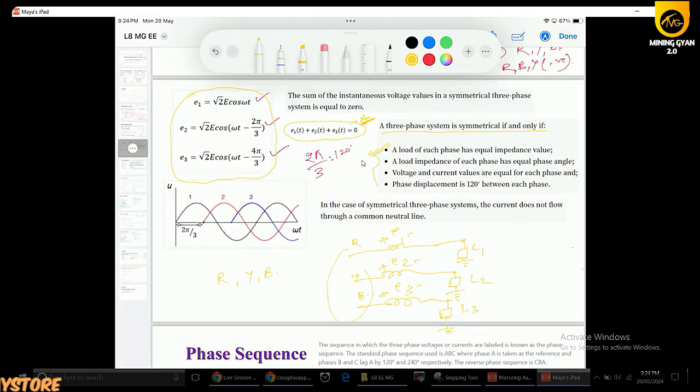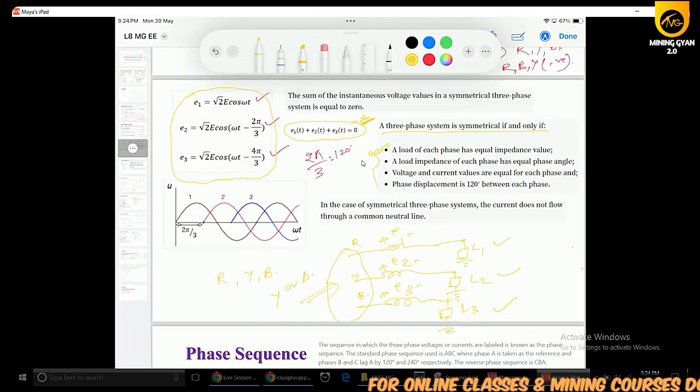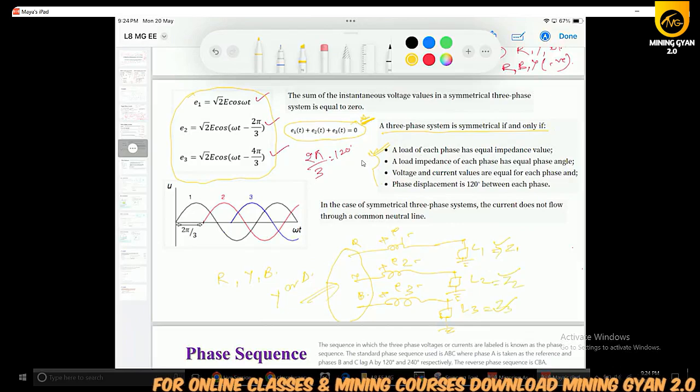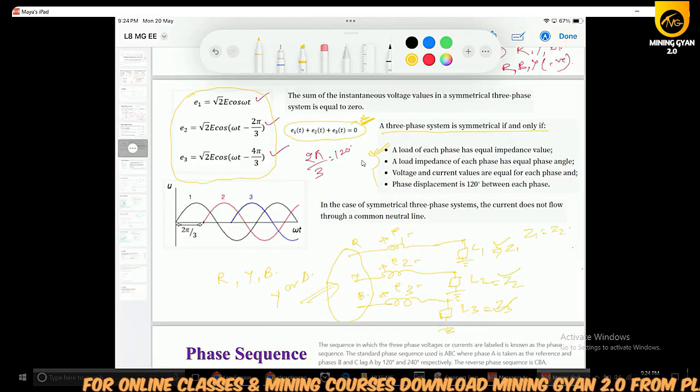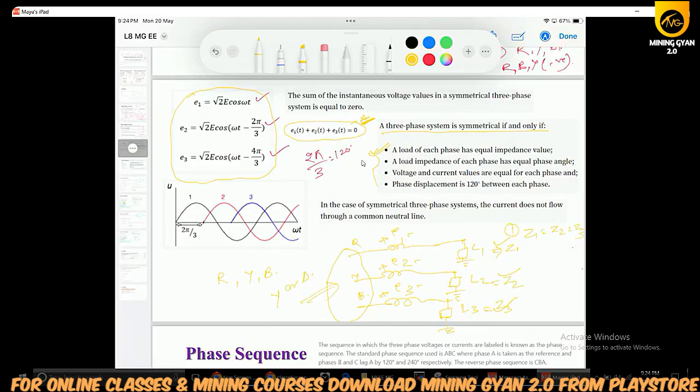And these three coils can be connected either in star or in delta. So these three are the loads. What is the condition? A load of each phase has equal impedance value, meaning Z1 equals Z2 equals Z3. This is the first condition.